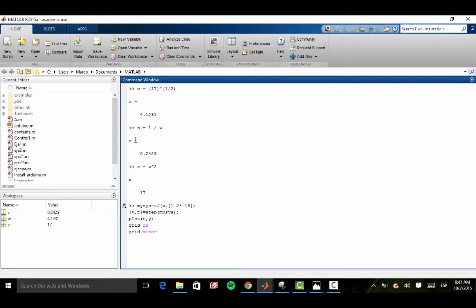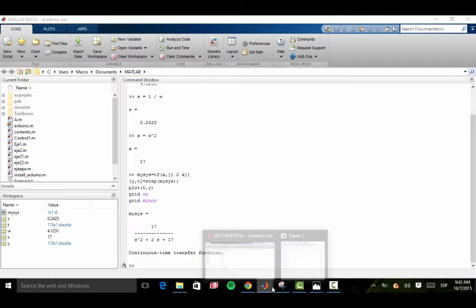If you see that sigma and w are just inverses, it's like putting 1, because the product of w and s is going to equal 1, so we're going to put just 2. And the third coefficient we're going to put x, because here is the omega n to the 2.